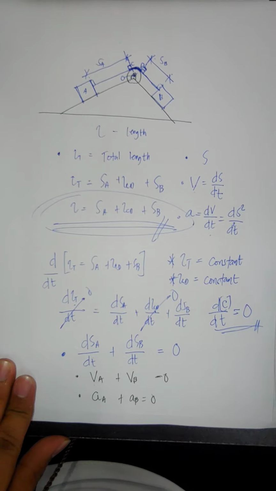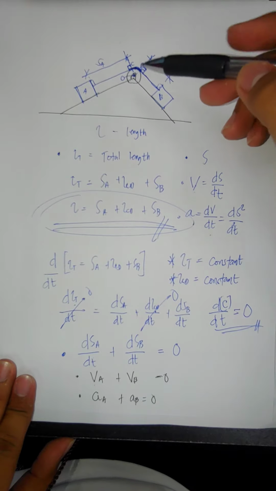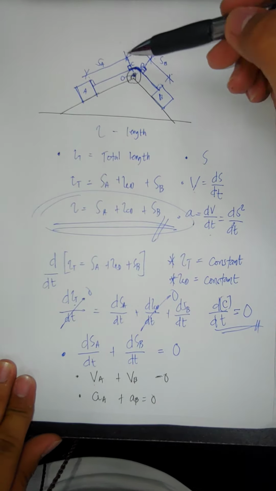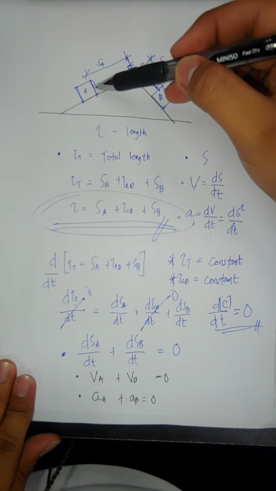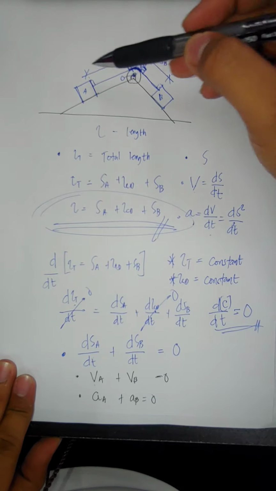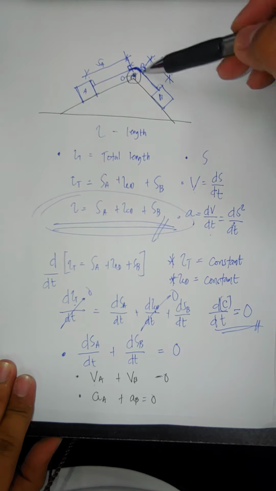So mao ni siya. So, importante gyud ang una, dumduman. You need to establish where is the datum line. So, always remember that the position of this, let's say we call this particle or the block in this example, is always measured sa katong perpendicular ani nga length, and also this one.